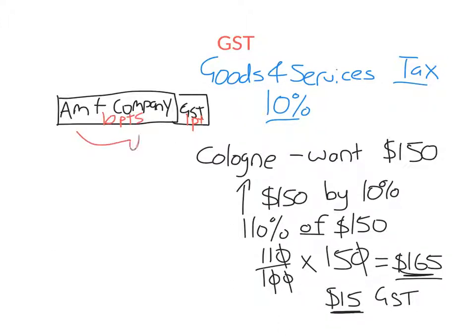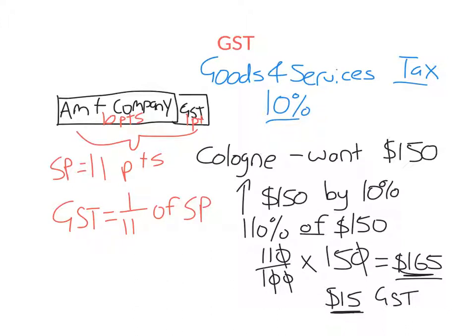So in total, the selling price is composed of 11 parts. 10 parts the company gets, 1 part is GST that the government gets. So actually, GST is only 1 out of 11 parts of the selling price. The selling price is what the customer pays at the store. So if I sell a cologne for $165, that's the selling price. So the GST is 1/11th of the price that you see marked at the shop.